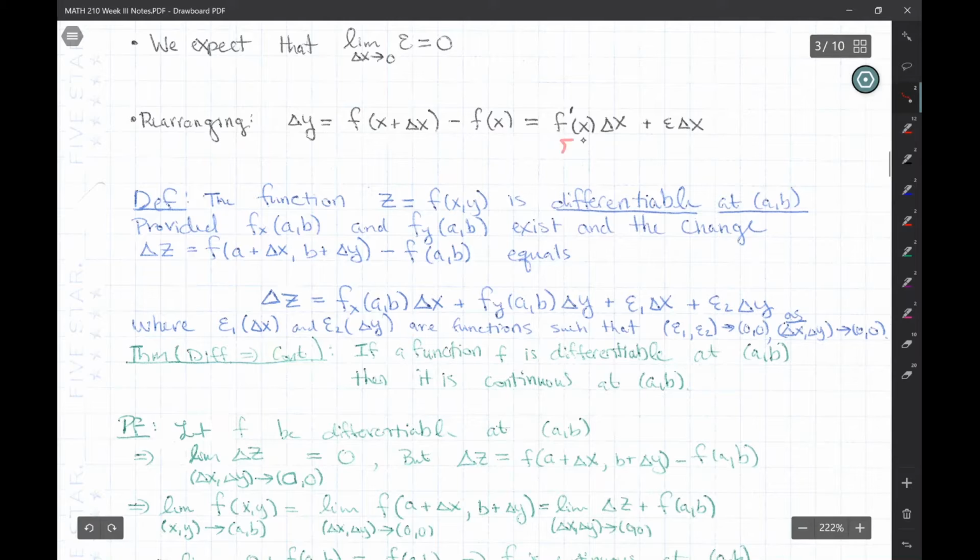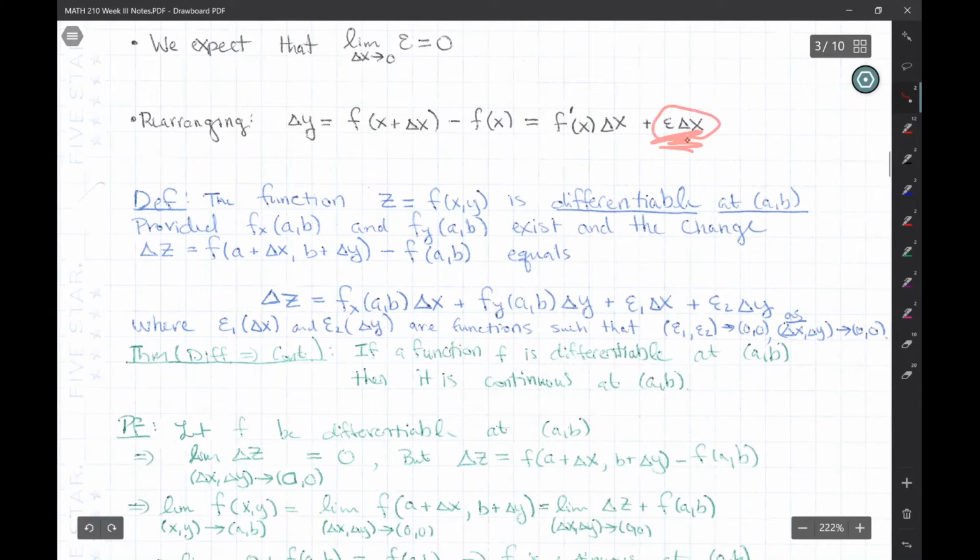You get the slope of the tangent line from the derivative, and the linear behavior, in terms of delta x, the distance away from the point where you're evaluating the derivative, is proportional to the changes along y of the function, except that we have this additional error term, if you will.